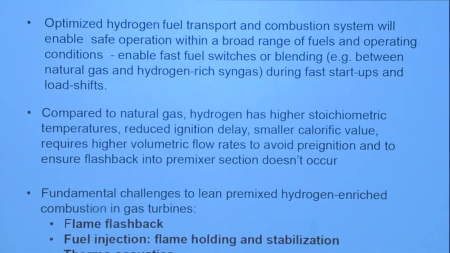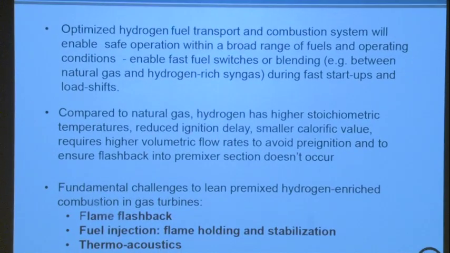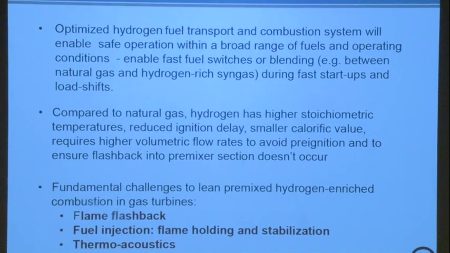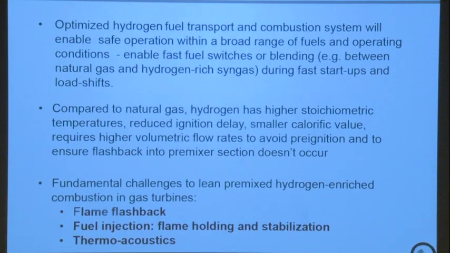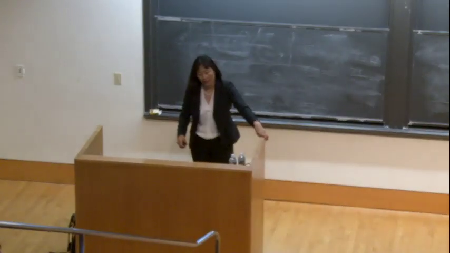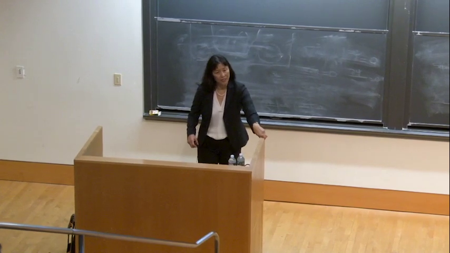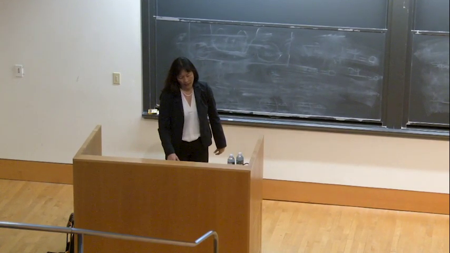Flashback being one near walls and also in the bulk fluid. You can have flashback. Another issue is with fuel injection and flame holding and stabilization. So how you inject hydrogen, whether it's through co-flowing or cross-flowing jets into the oncoming stream, is an issue because of the mobility of hydrogen to find its way back into a fuel injector.